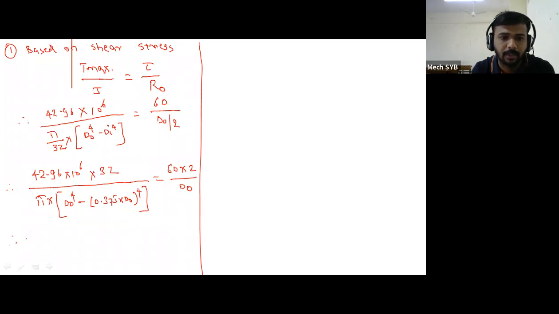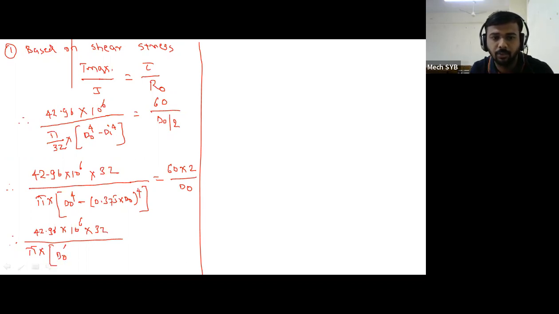Okay, now 42.96 into 10 raised to 6 into 32 divided by pi into the square bracket as it is, do raised to 4 minus, tell me, 0.375 raised to 4. We have to raise this total bracket to 4.